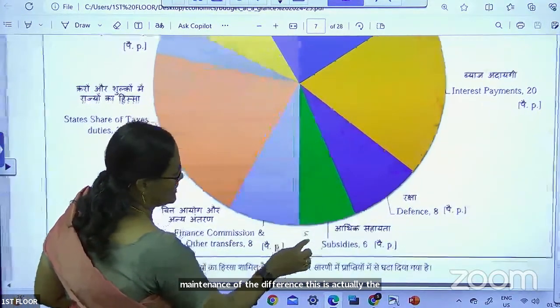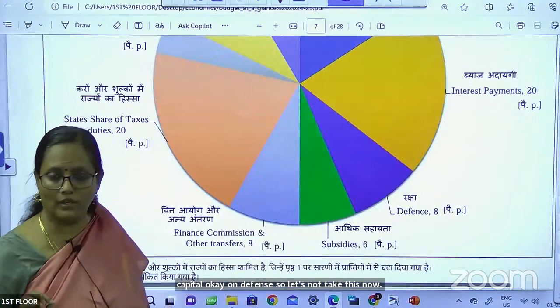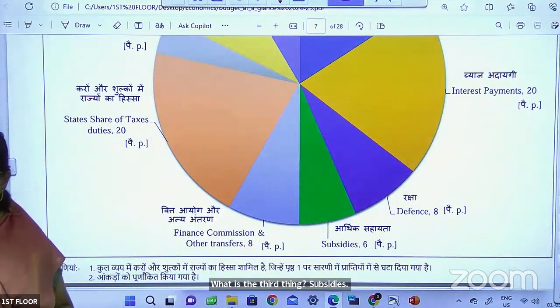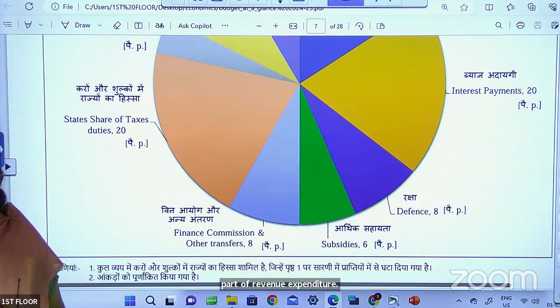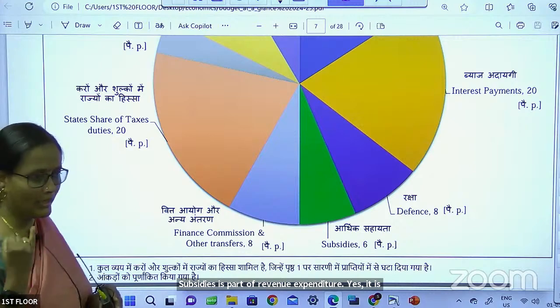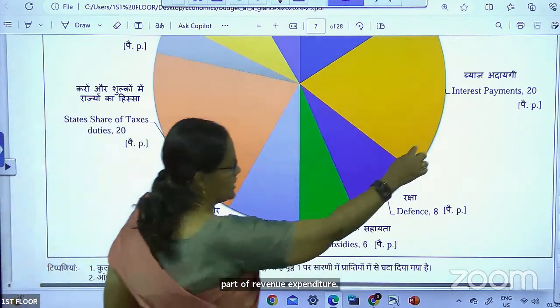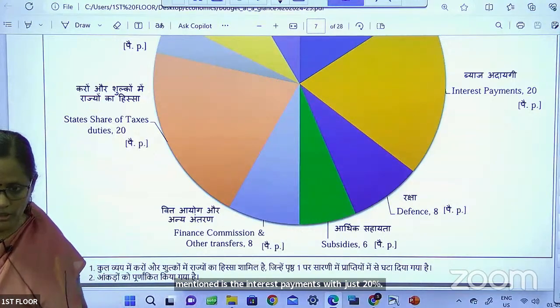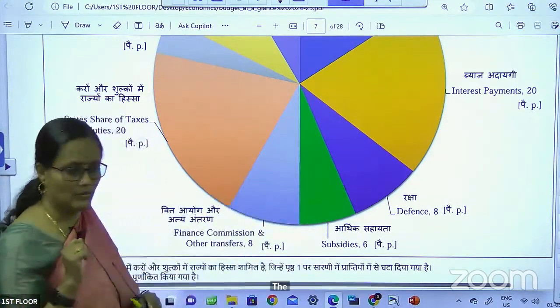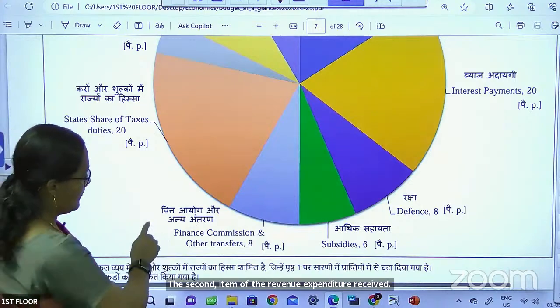What is the third thing? Subsidies, right? Is it a part of revenue expenditure? Yes, it is part of revenue expenditure. So one item which we have mentioned is the interest payments, which is 20 paise. The second item of the revenue expenditure is the subsidies, which is 6 paise.